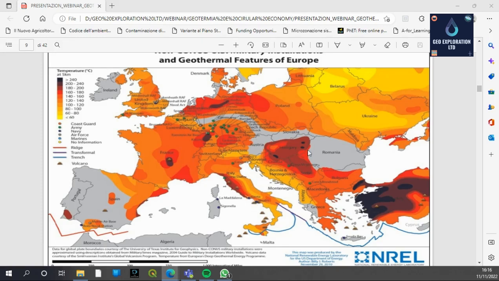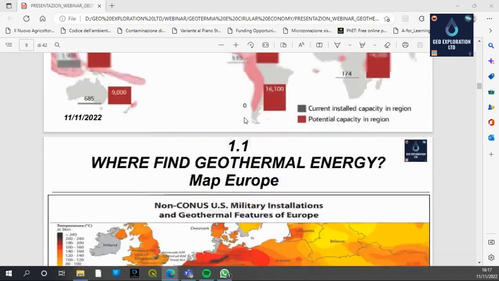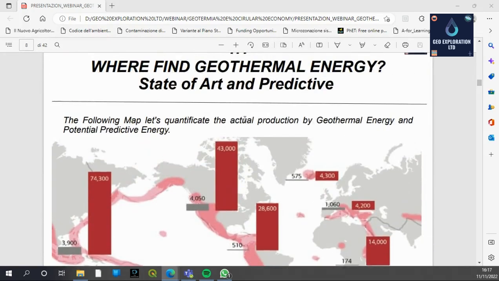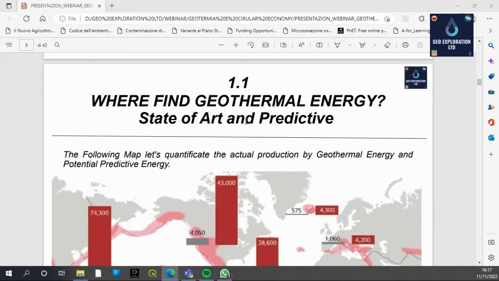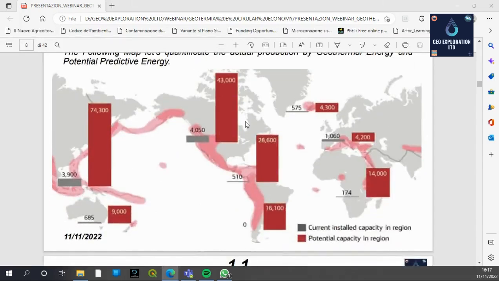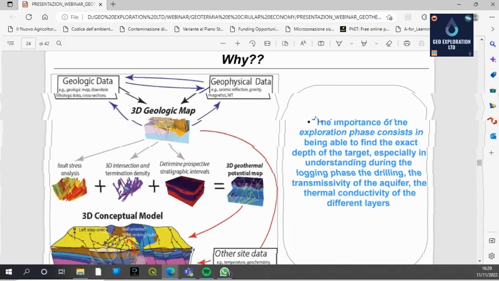We have a high capacity in the Pannonian Basin. We also have a very high capacity in Turkey and some hotspot points in Germany, UK and France. Another place where you can find geothermal energy very easily is hotspot points, like for example Hawaii.